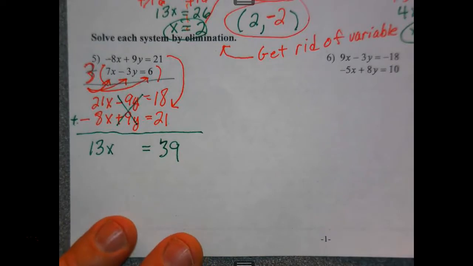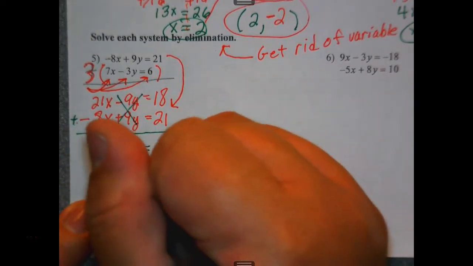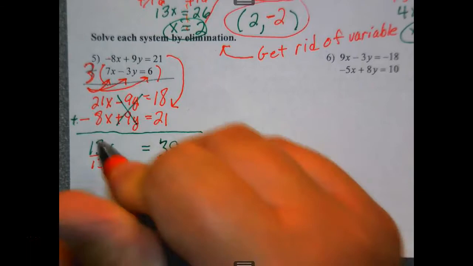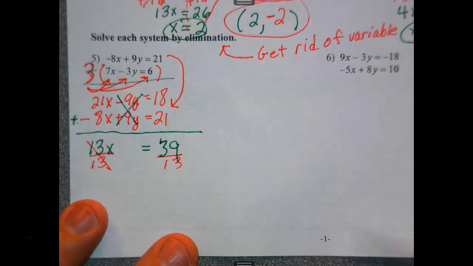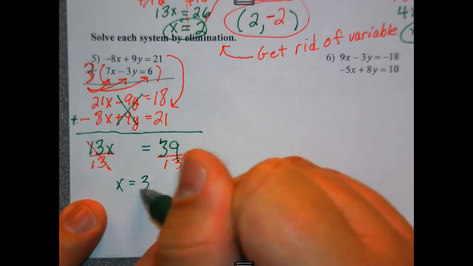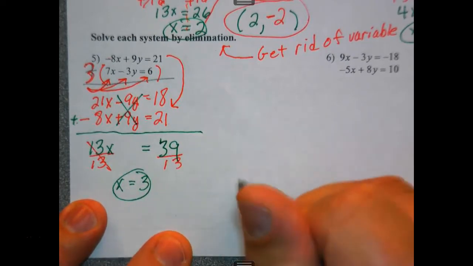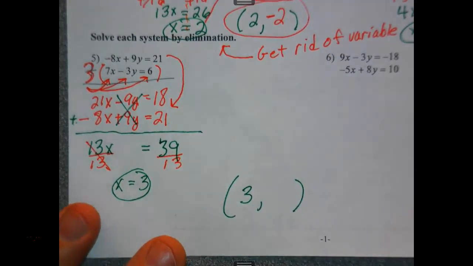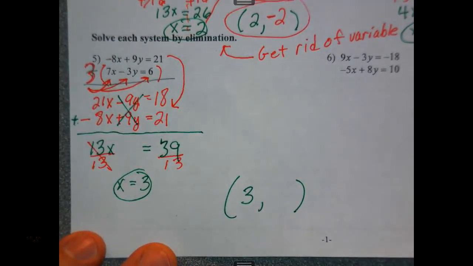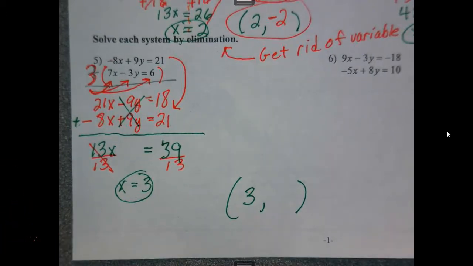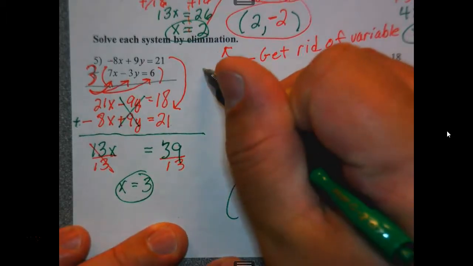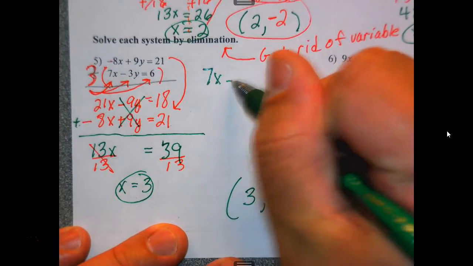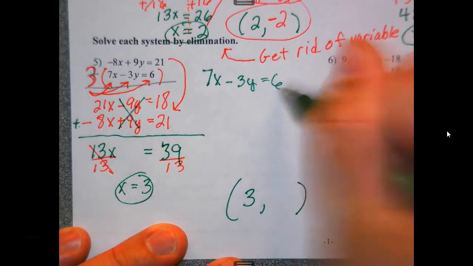Okay, divide both sides by 13. So x equals 3, which means I have exactly one answer with x equaling 3. We've got to find y. Back to the original equations, pick one. I'm going to pick the bottom. 7x minus 3y equals 6.